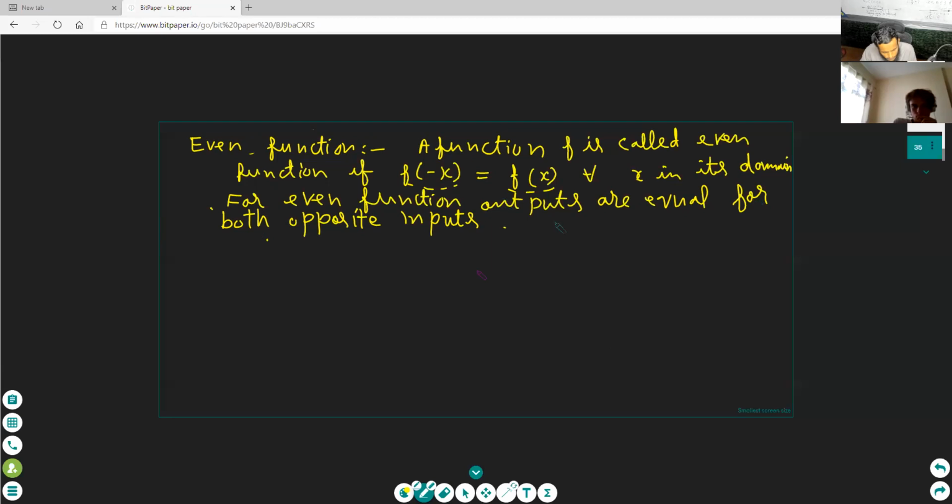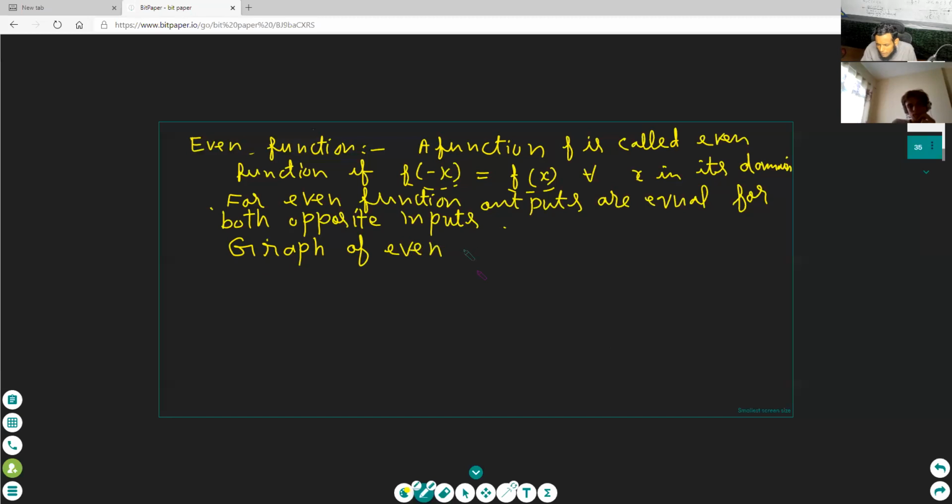In fact, the graph of an even function is symmetric about the y-axis. Remember it. You have an idea about symmetry.